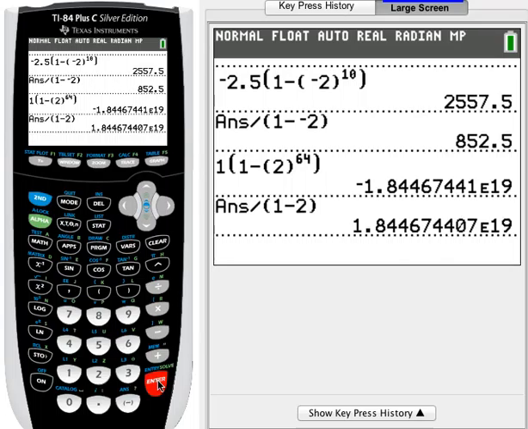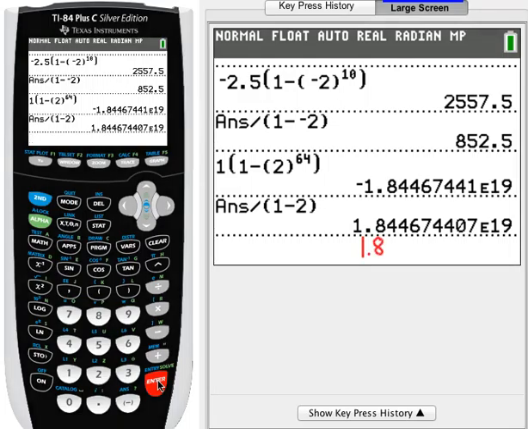Now you may be wondering what this is. Our calculator, we got a number so big, is giving us this mess. Well, remember, this is scientific notation. So this is really signifying about 1.84 times 10 to the 19th power. So picture moving that decimal place over to the right 19 times.